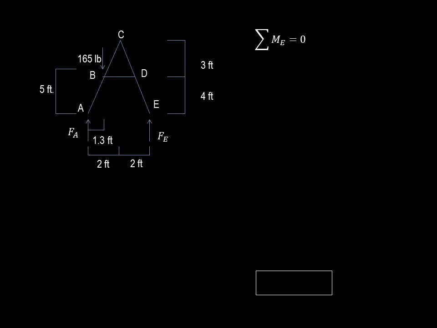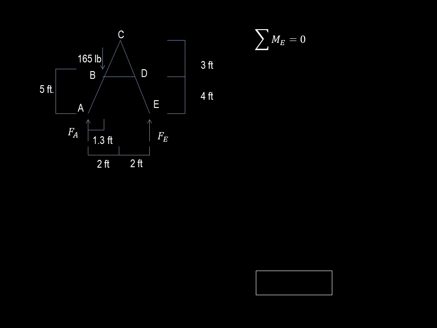You can also choose B or D. That would make the problem more complicated, since you'll be needing to solve for the distance of point B or D with respect to point A and E. The simplest moment center would be A, since when we were able to solve for force B, we can already solve for the tension at cable CD without considering the force exerted by the weight of the man.